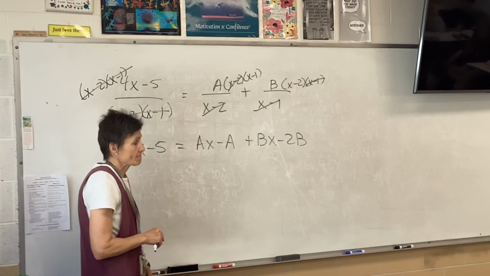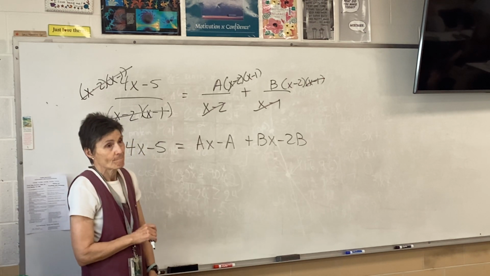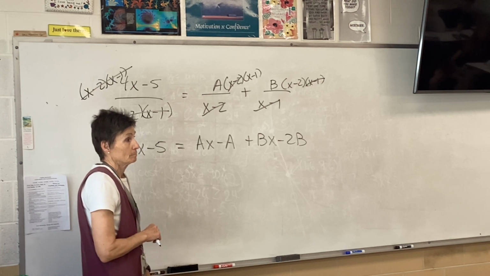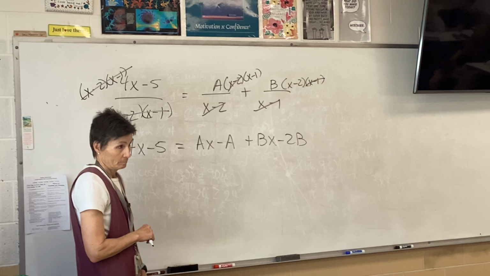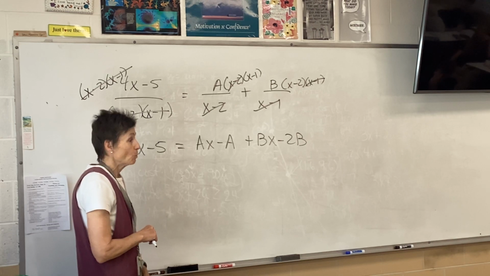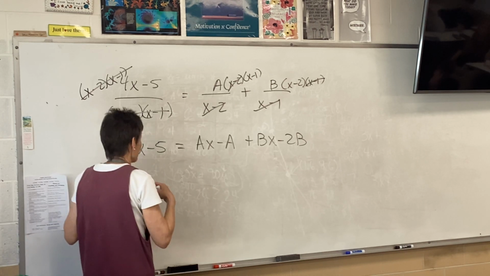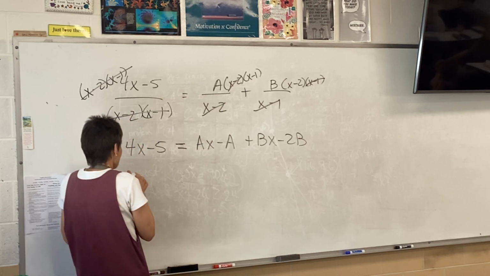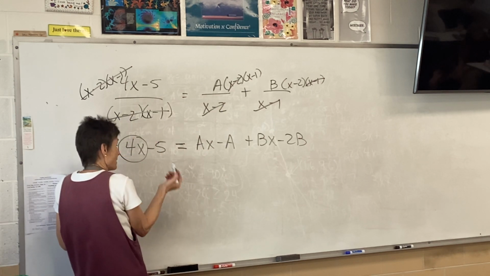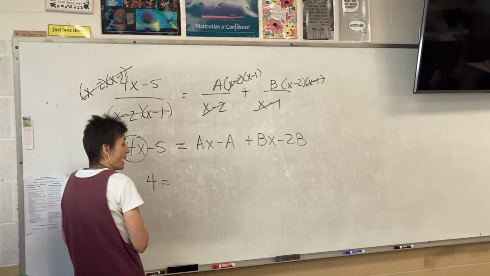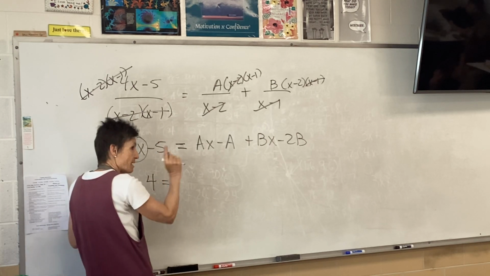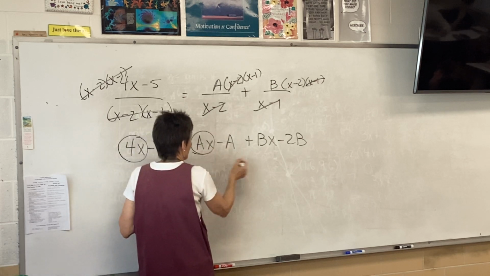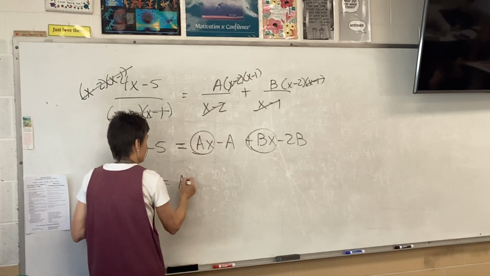All right? Now what? We understand that since this is an equation, however many x's you have on this side, which is 4, has to be exactly the same as the x's on that side, which are a and b.